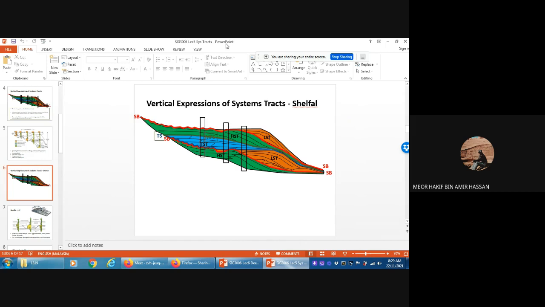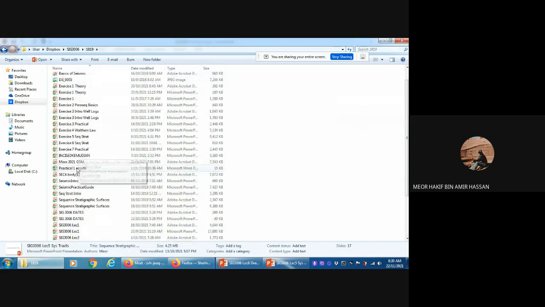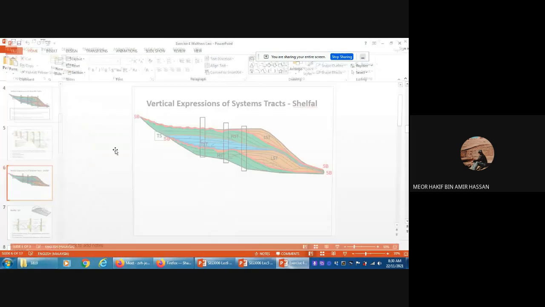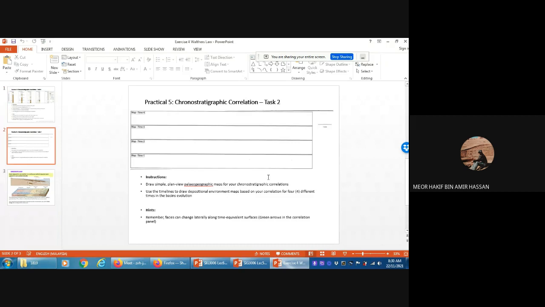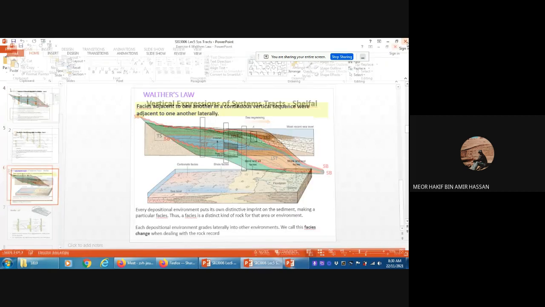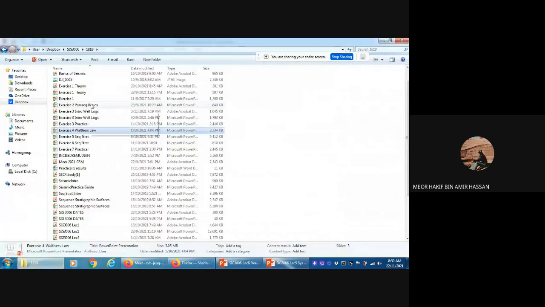Alright, so another important thing, right? So we've already started practicals on identifying parasequences, right? We've been doing practicals on identifying parasequences. Let me get a nice slide to show you.